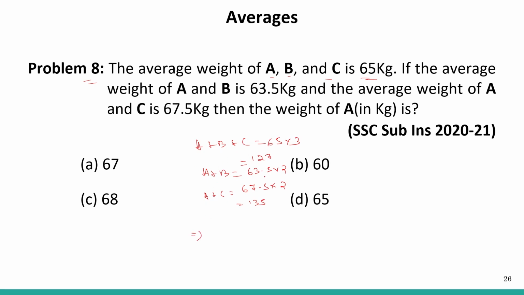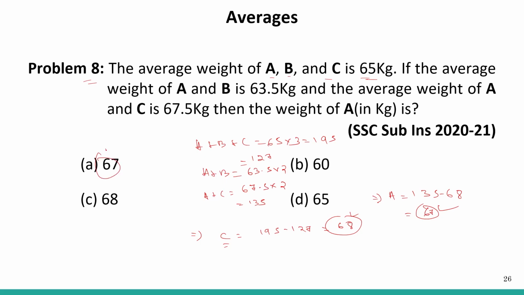So this implies that the total is 195, and C is equal to 195 minus 127, which is 68. This is the weight of C. So A is equal to 135 minus 68, which is 67.